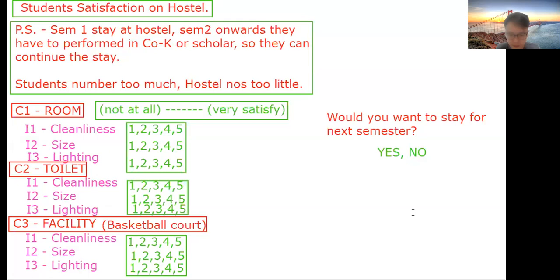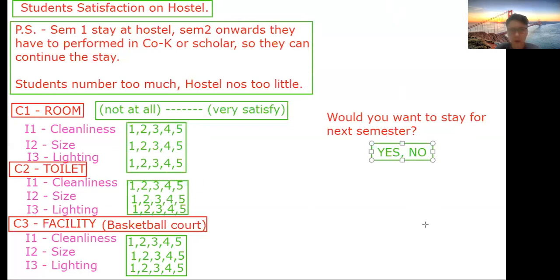Nominal scale holds two additional properties, either yes or no. So there are other scales such as ordinal scale, interval scale, ratio scale, right? So this is a nominal scale, and this is an ordinal scale.